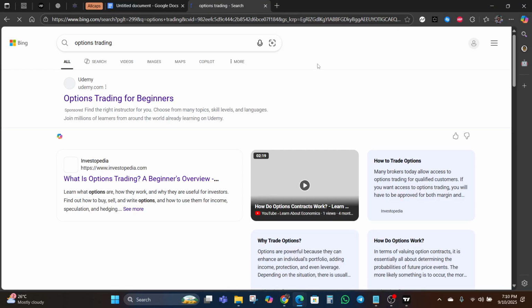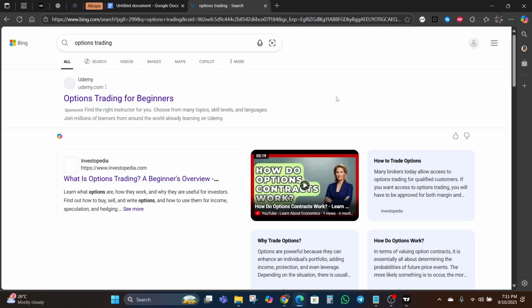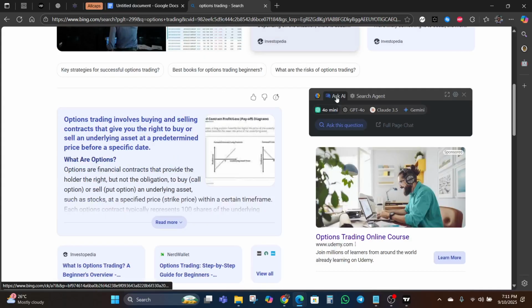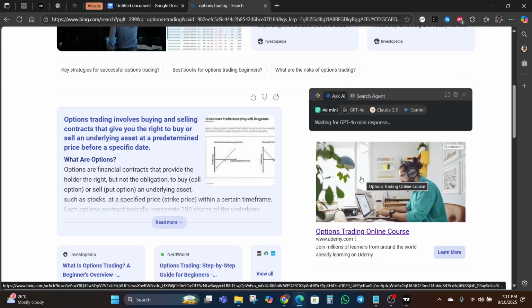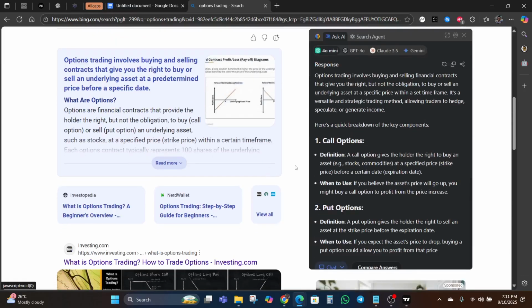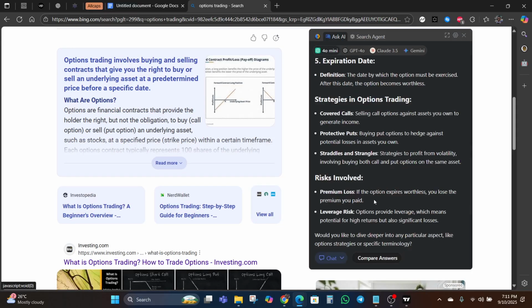Now, there are two main types of options that every beginner needs to know. There are calls and puts. A call option gives you the right to buy an asset at a certain price.